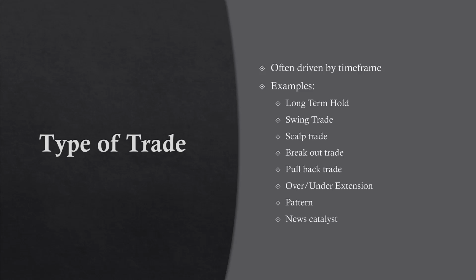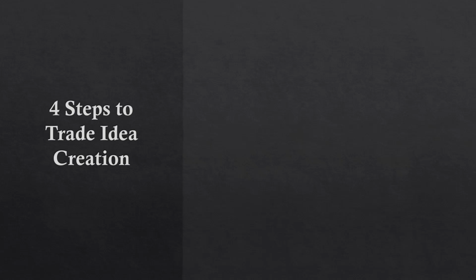Typically you're looking for a news catalyst that follows a particular chart pattern that gives you an edge in early market trading, or after the first 10, 15 minutes or so, is another type of trade. So I'm just sharing these as examples of types of trades that I'm aware of and that I trade myself.